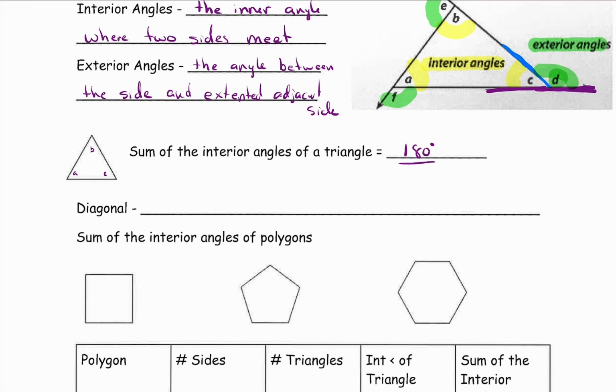We also need one more definition, which is a diagonal. And this is a line segment connecting non-adjacent vertices. Remember, vertices are just the corners of your polygon.